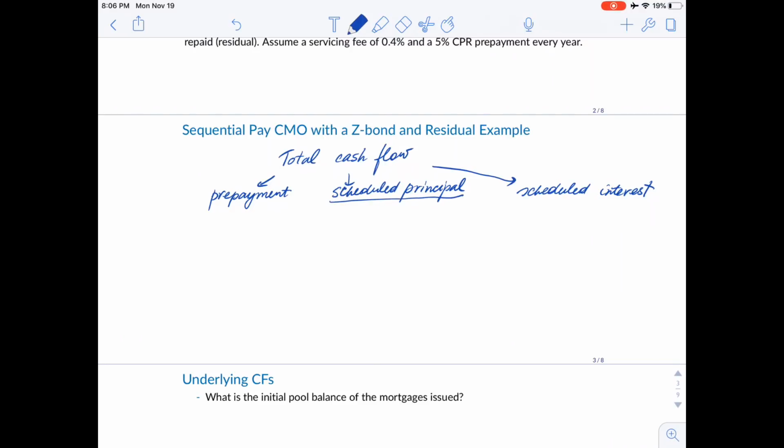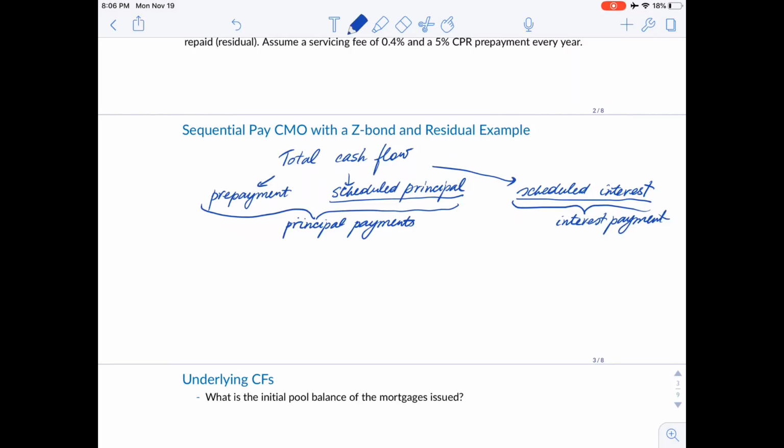Now, these two together are the scheduled monthly payment for a fixed rate mortgage that you calculate in your calculator. Now, prepayment and scheduled principal are the principal payments, and the scheduled interest is the interest payment. Right, so the prepayment and the scheduled principal go towards repaying the principal, and the rest is on interest.